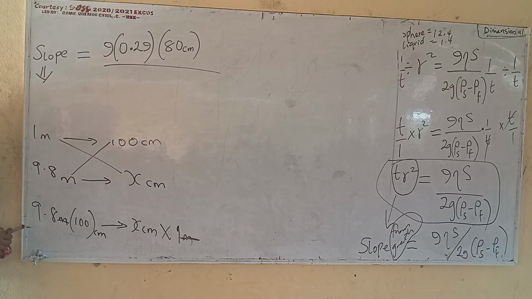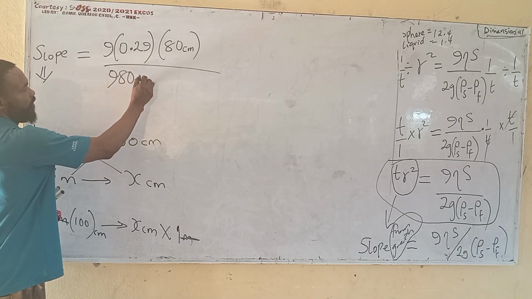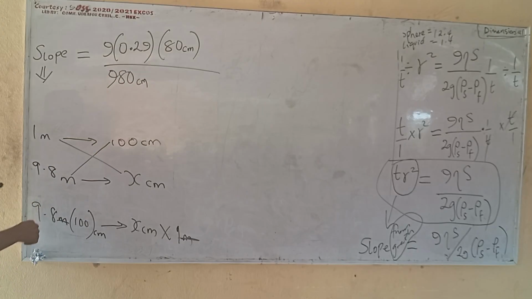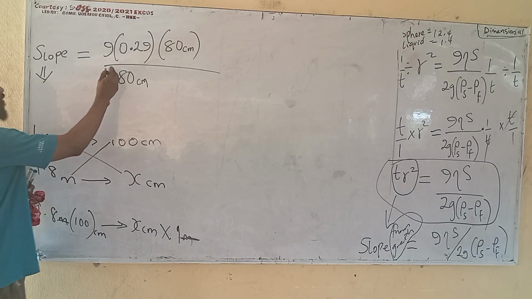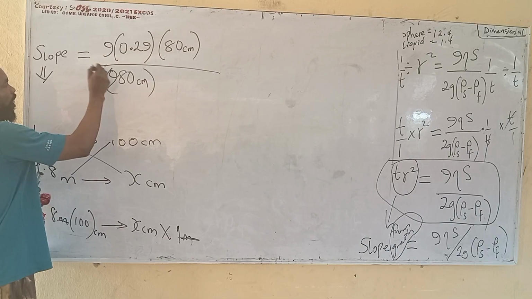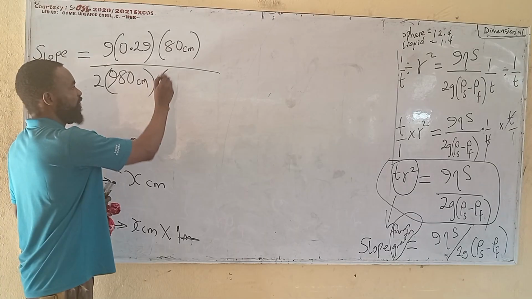So I have x centimeter equals 9.8 times 100, which is 980. So I have 980 centimeters. I've done this like 100 times. I even gave you a list of all the units and how to convert them, the conversion table.